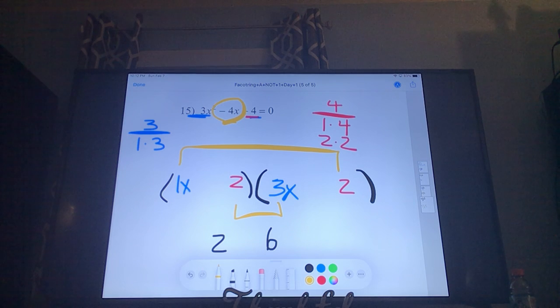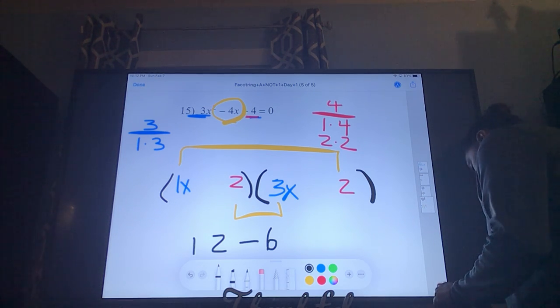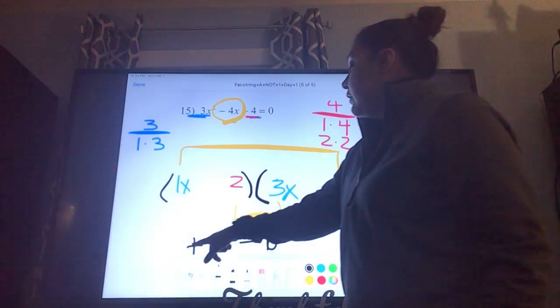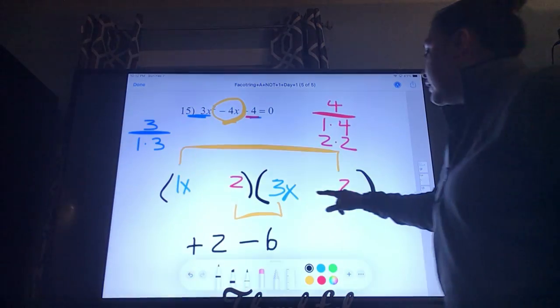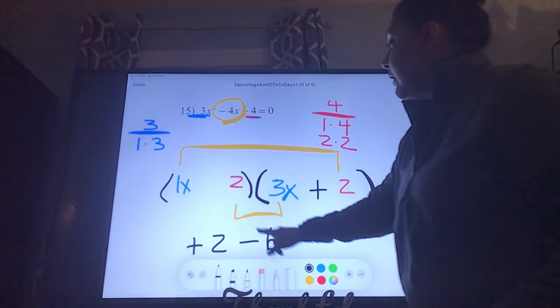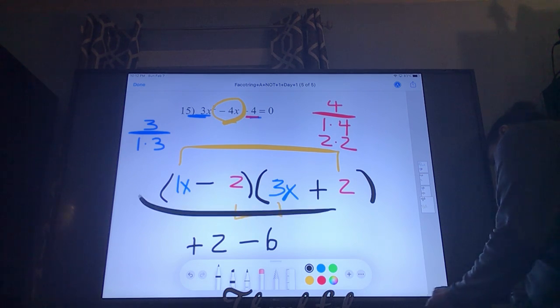Okay, it would, so I want you to think about how could I get a negative 4? Well, if this was a minus 6 and a plus 2. Okay, and so since this comes first, it goes in the second box. Since this comes second, it goes in the first box. So that one worked out nicely.